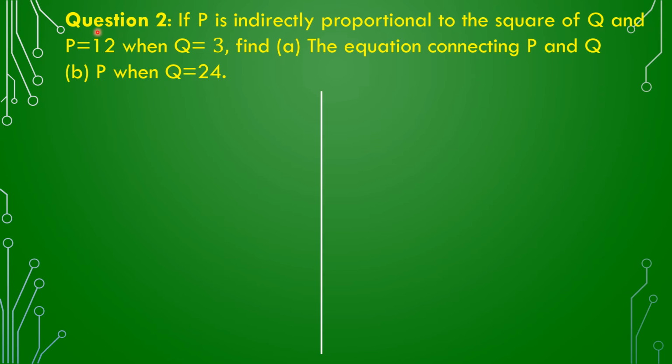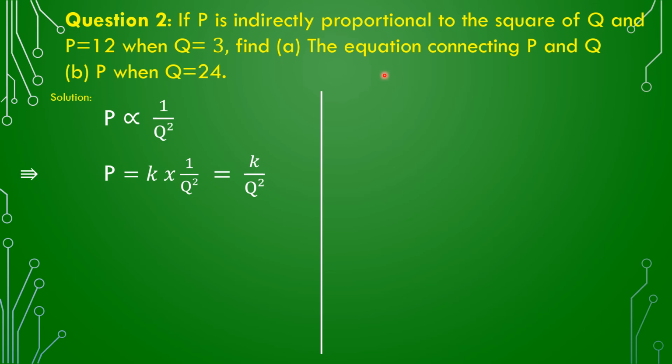Now, like I told you, if you see inversely or indirectly, they mean the same thing. So let's go to the equation and solve it. It says P is indirectly proportional to the square of Q. Now, that is 1 over Q squared. If you go further, we have that P is equal to K times 1 over Q squared, which is equal to K divided by Q squared.